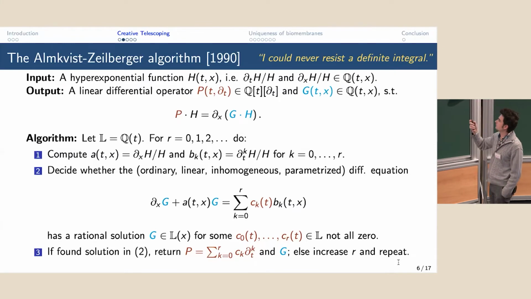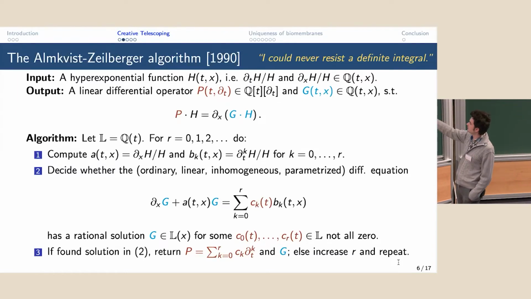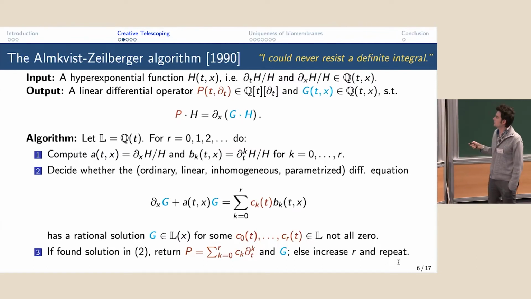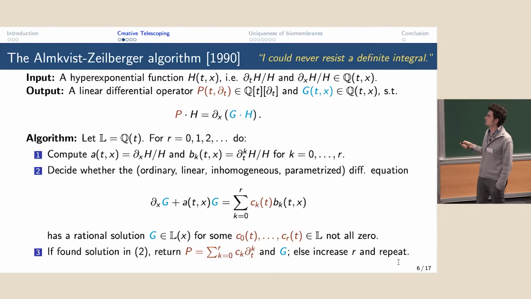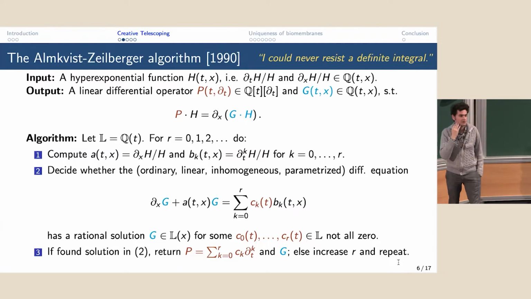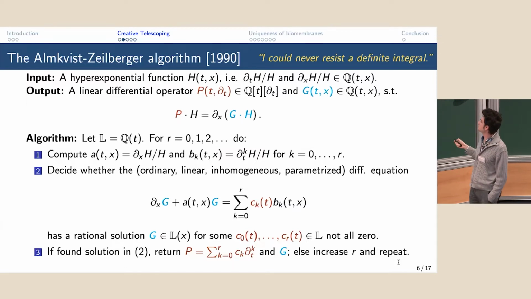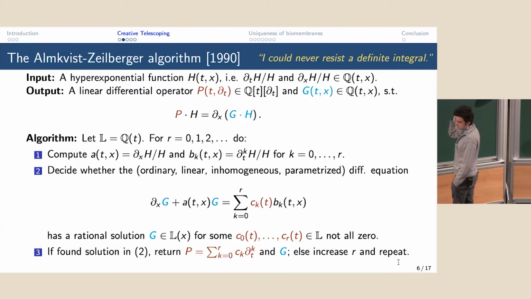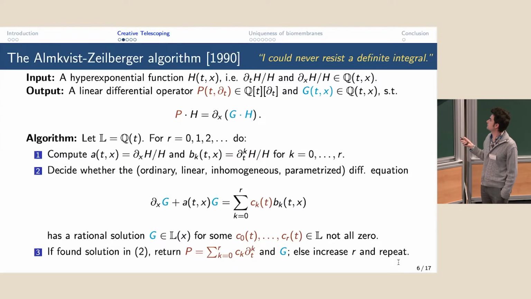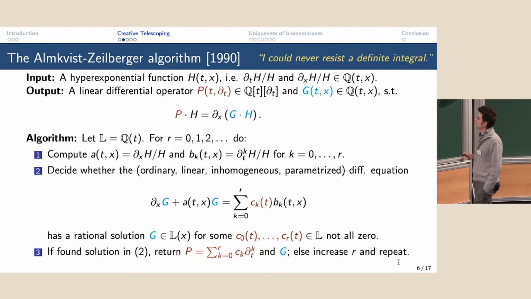And then the main step of the algorithm, so we do this for k from 0 to r, is then to decide whether this differential equation with parameters, for some parameters c0(t) until cr(t), admits a rational solution g. And so the main task in this question is how to do this, and it can be shown that this actually leads to a linear algebra problem, which can be solved for any specific r, and then the algorithm just increases r and tries to solve this for a rational function g.